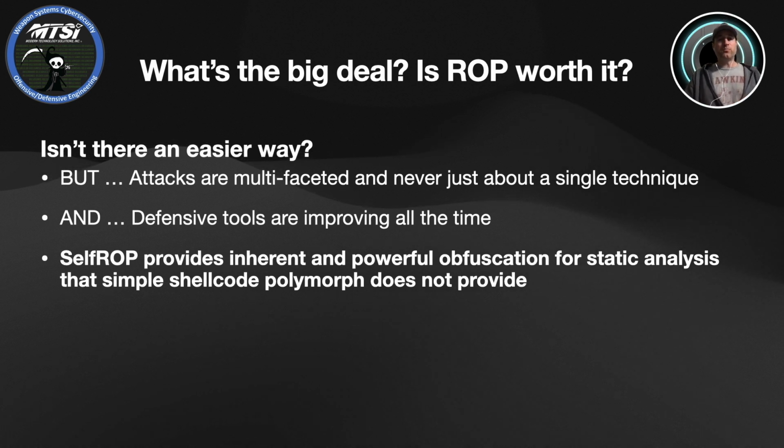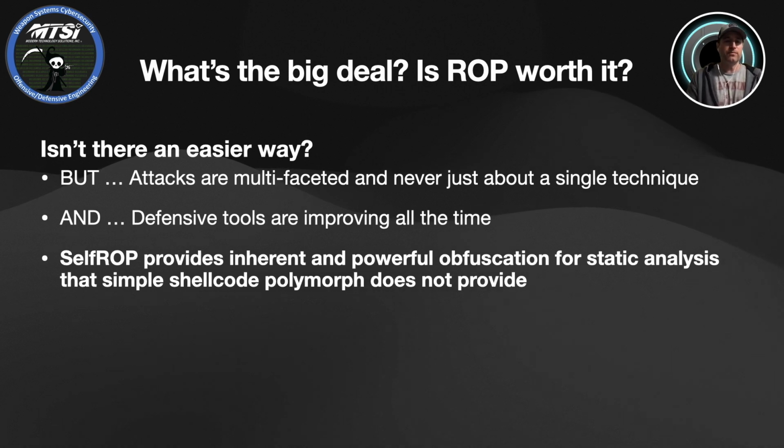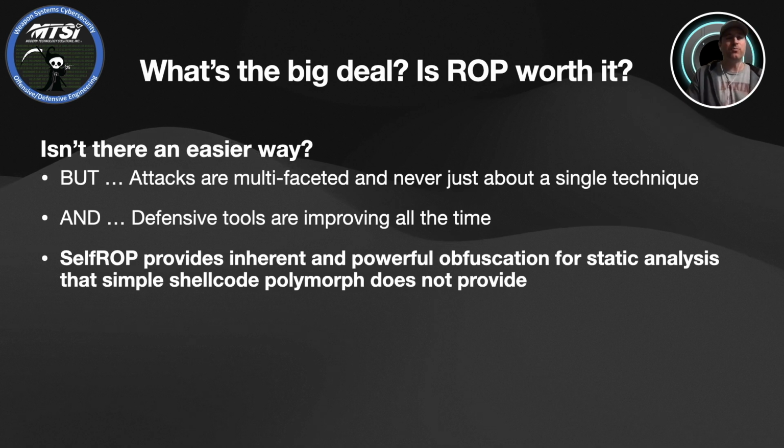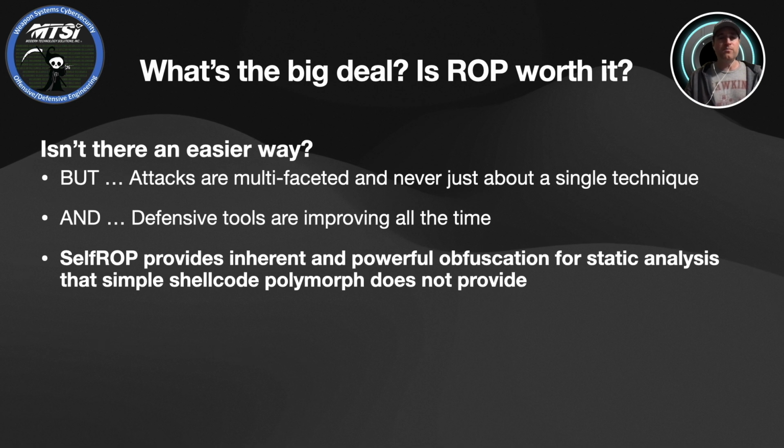So defensive tools are improving all the time. Self-ROP really gives inherent and powerful obfuscation for static analysis that simple shellcode polymorphism does not provide. You have a much deeper way of hiding the true intent of a program from a static analysis standpoint. We're not talking about dynamic, but from a static analysis standpoint, it really does hide it much better than just altering bytes in shellcode.